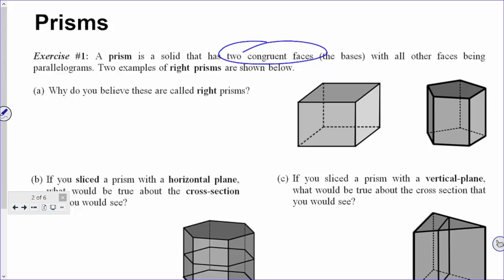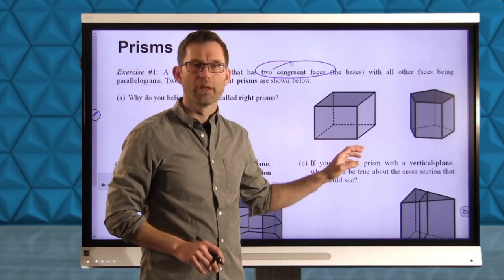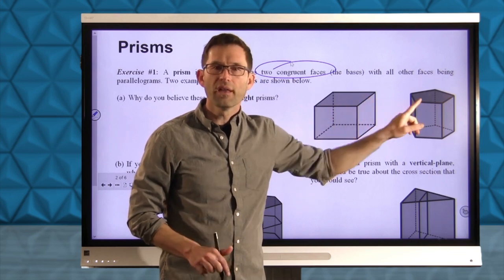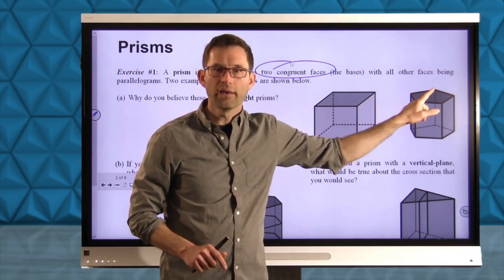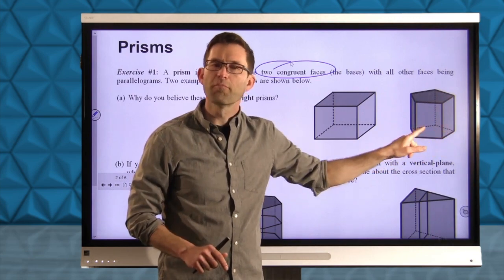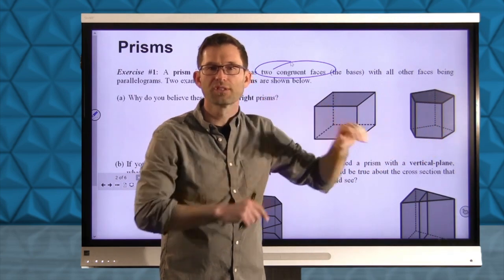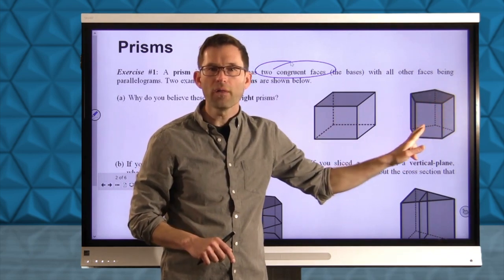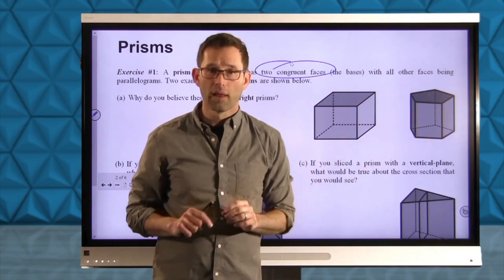Two examples of right prisms are shown below. The box is the box, you've seen a million boxes. But take a look at this prism: we've got this pentagon, which looks like a regular pentagon, and an identical one parallel to it in three-dimensional space down here. We then connect those vertices, and all of these sides are parallelograms.